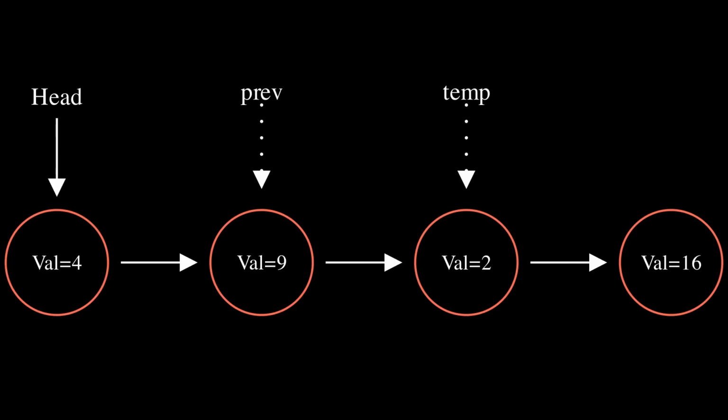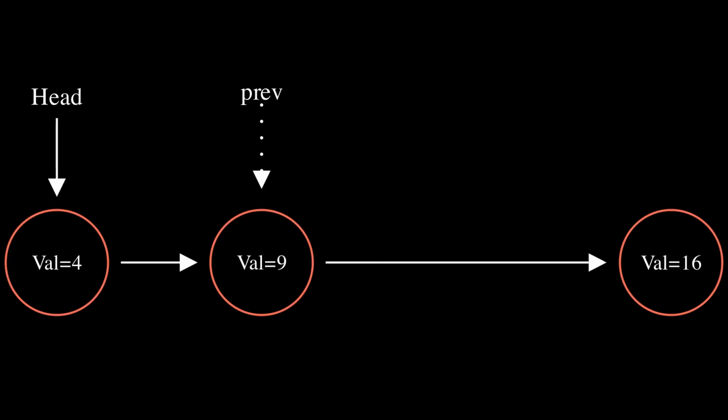When we find a match in the linked list, what we'll do is we'll take the previous node's next pointer and point it to the current node's next node. So basically we're just skipping over the node that we matched on. This will then remove the reference to the node that we are removing, and the garbage collector will later clean it up. Let's see what this looks like in code.